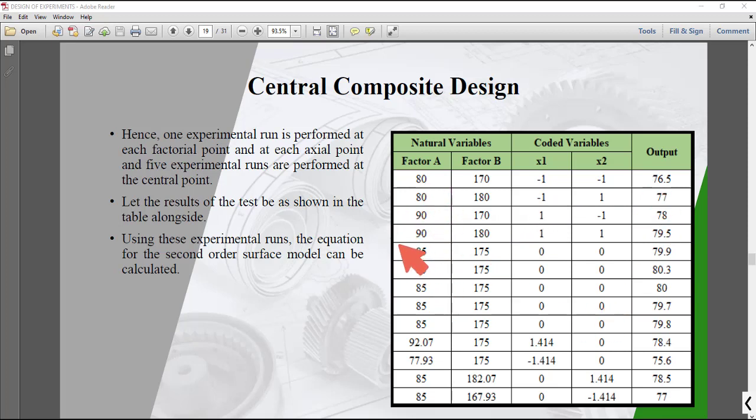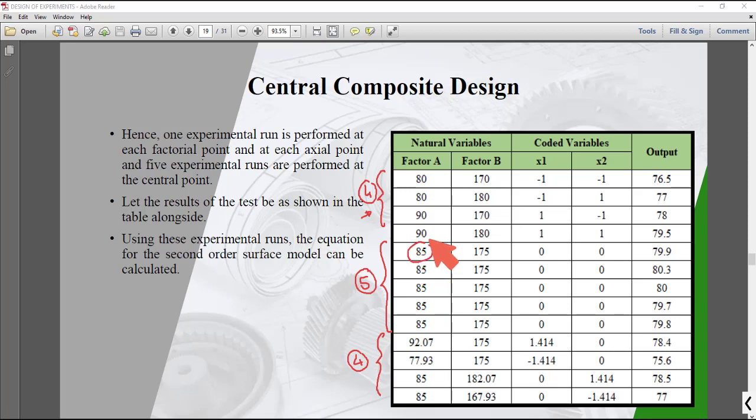See the central runs. Here we have the central runs 85, 175. They are total 5 in number. Here we have our 4 factorial runs and here we have our 4 axial runs, right? I have also given them the coded values +1, -1. You know these values by now.